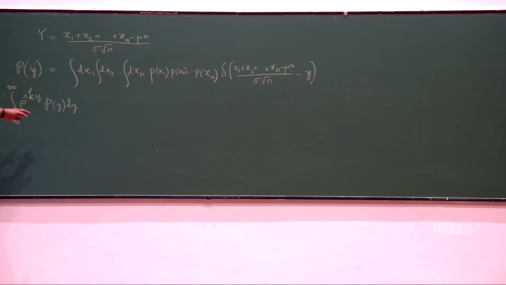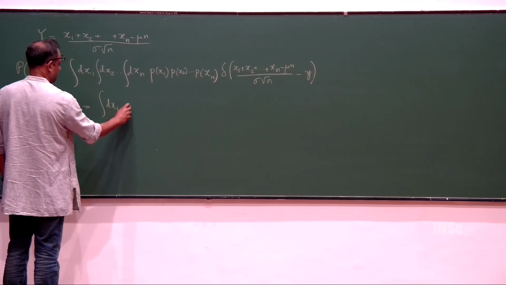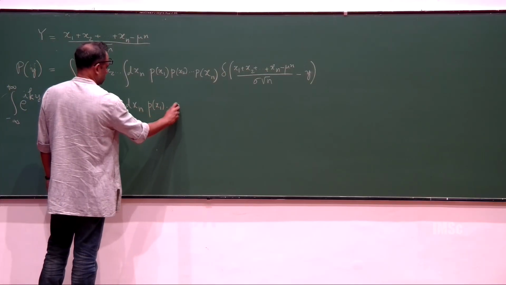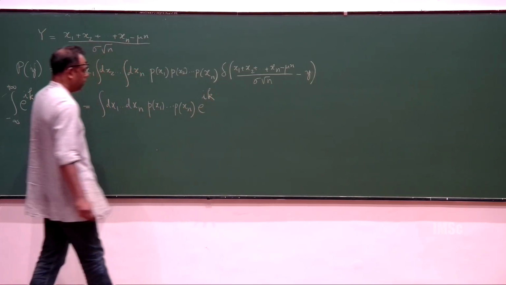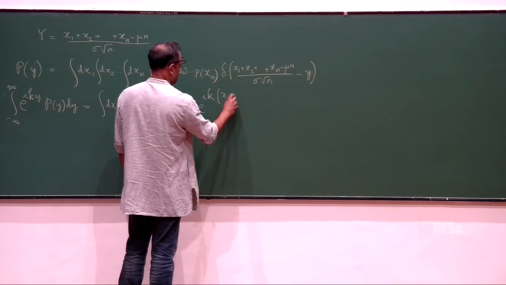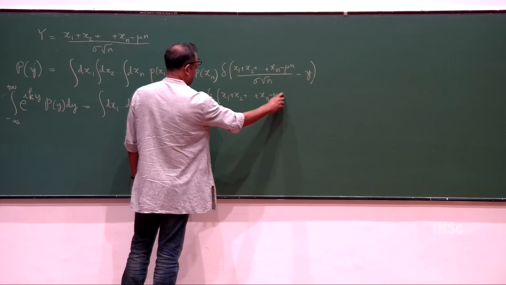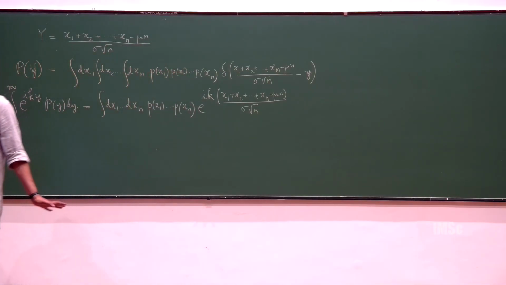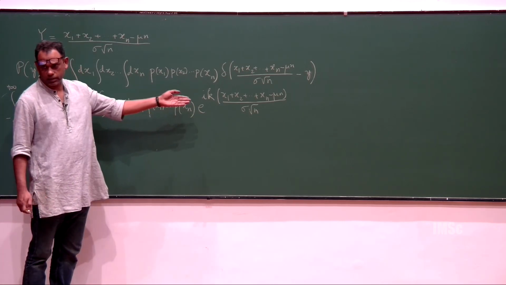I do this integral. When I do this, this becomes dx1 through dxn, e to the power i k, and wherever y came, I just replace it by this quantity. Once I do this, I'm left with n independent integrals.